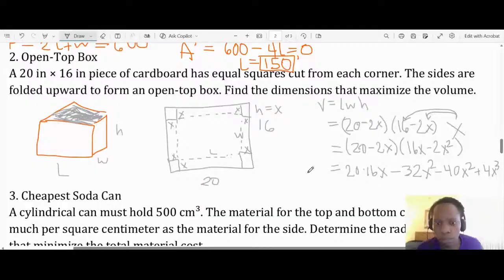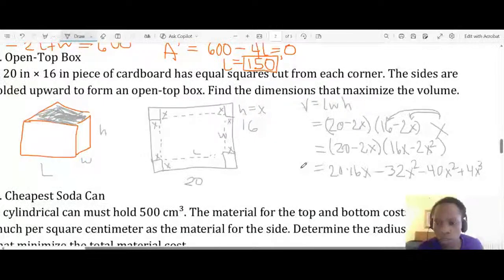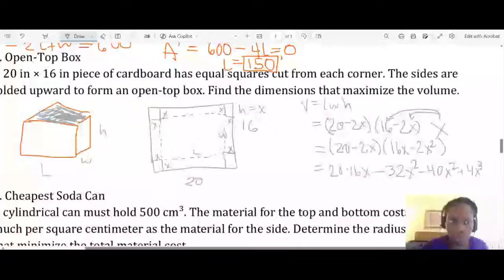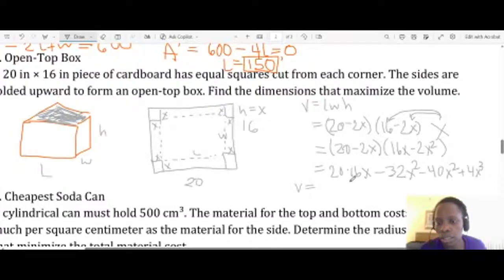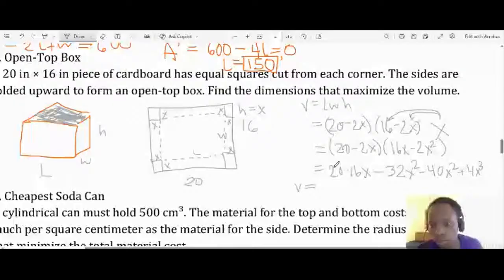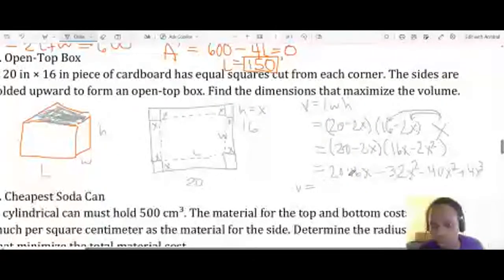Since we have that in terms of just one variable, x, volume is equal to, and I'm just going to leave this 20 by 16. Okay, 320, because 16 times 2 is 32, and then add a 0.